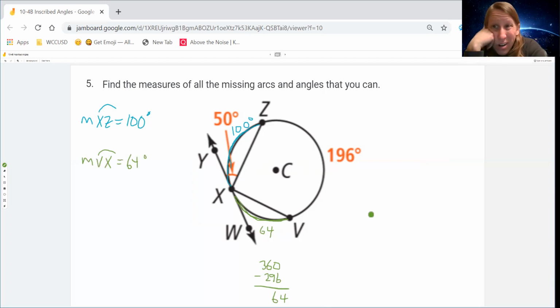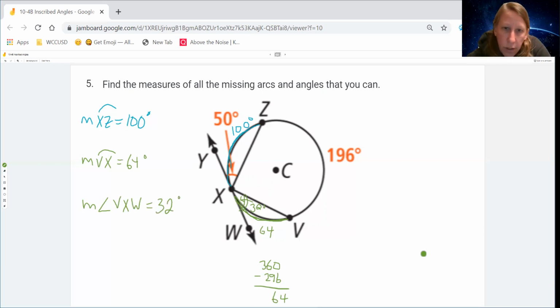If I know that arc, what's the inscribed angle that goes with it? Well, it's this one. So how big is this angle? 32, because this angle is 32. The measure of angle VXW is 32 degrees because it's half.